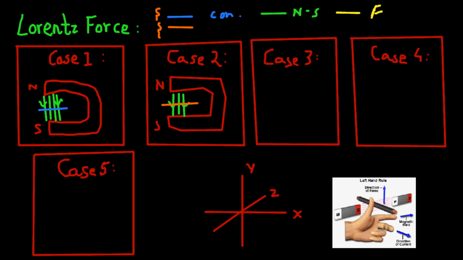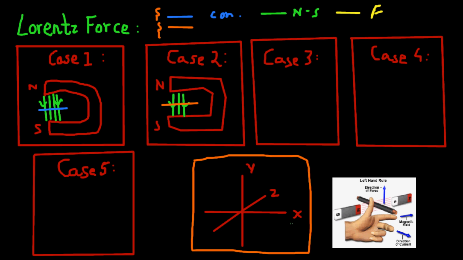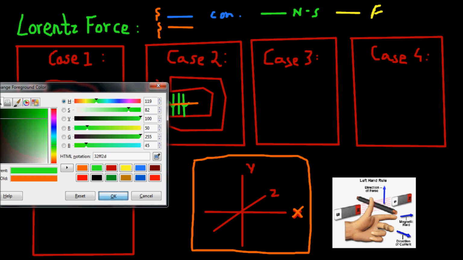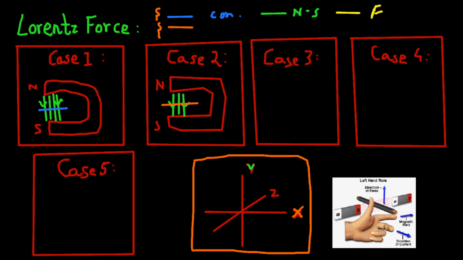Now, just imagine that the orange is your x-axis. This is why I've drawn this diagram here. Just imagine that your x-axis is the line in orange, and the one in green is your y-axis. So you can agree that they're perpendicular so far. Now the force that the conductor will experience will be perpendicular to both of them.